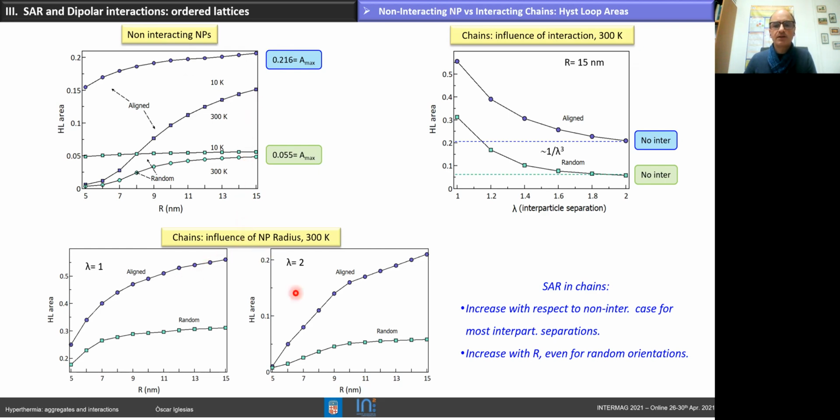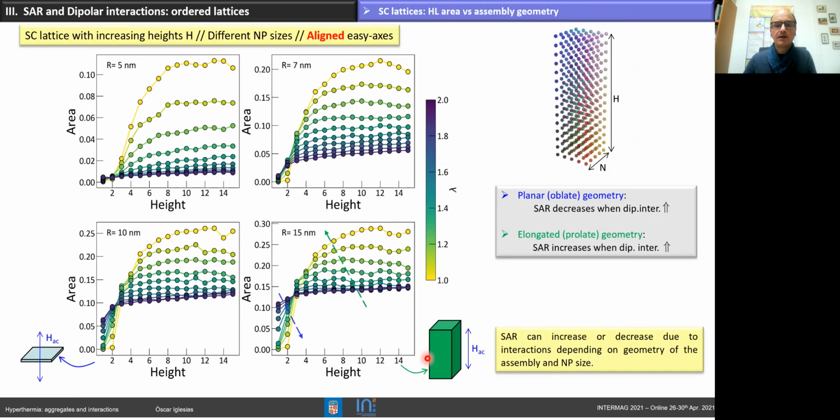Moreover, as we increase the nanoparticle radius in the chains, the SAR increases even for randomly oriented easy axes in the assembly.